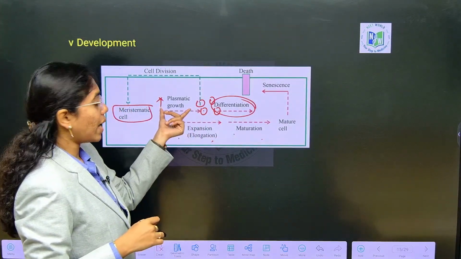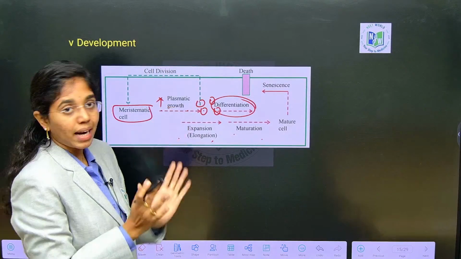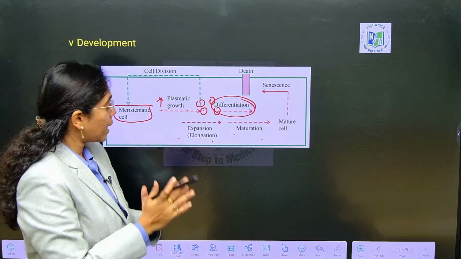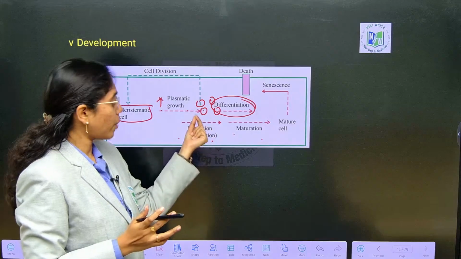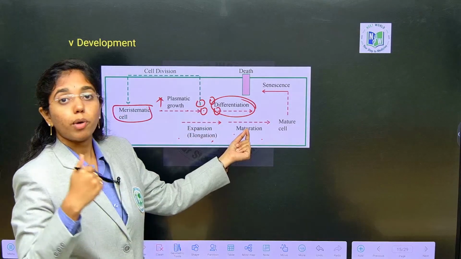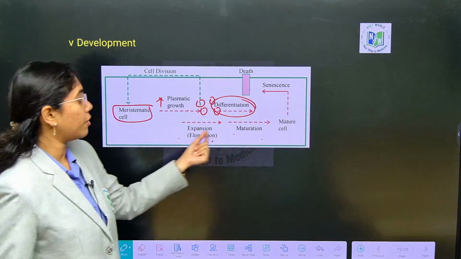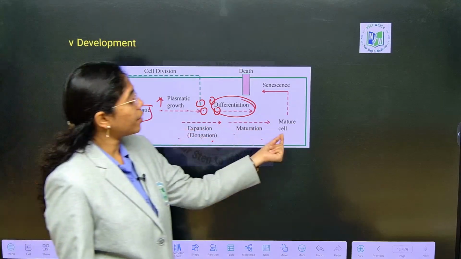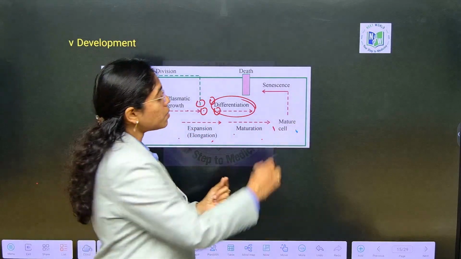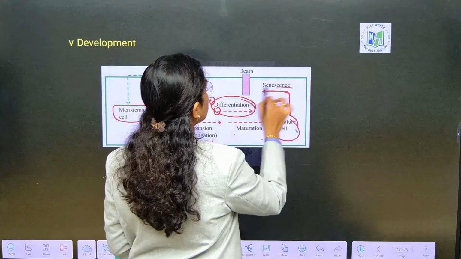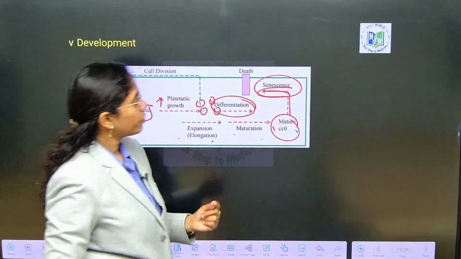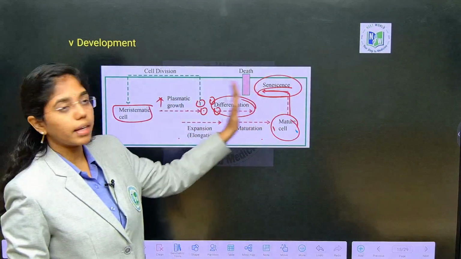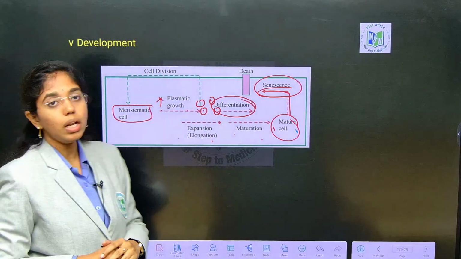First, plasmatic growth, that is increase in the meristematic cells by cell division, and then increase in the cells, increase in vacuolation, after which both structural and physiological differentiation will take place and it will form the mature cells. These mature cells will undergo senescence or death. Fine, right? This is how the complete development process or the sequence will happen.